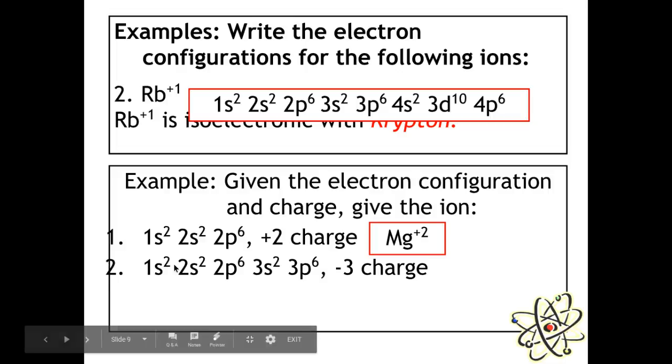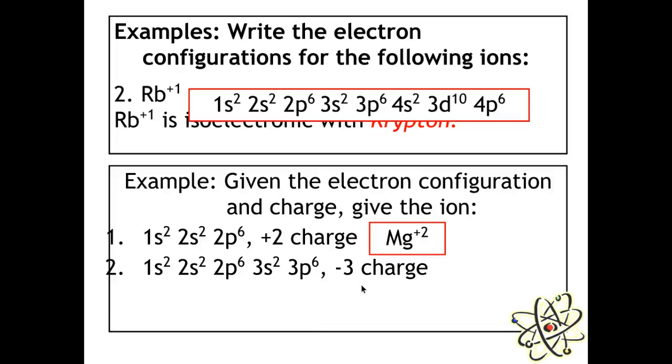Let's look at this: 1s2, 2s2, 2p6. Follow along in your periodic table. 3s2, 3p6 with a -3 charge. So we look like argon, but we have a -3 charge, which means we added 3 electrons. So which element do you think added 3 electrons to look like argon? That would be phosphorus.